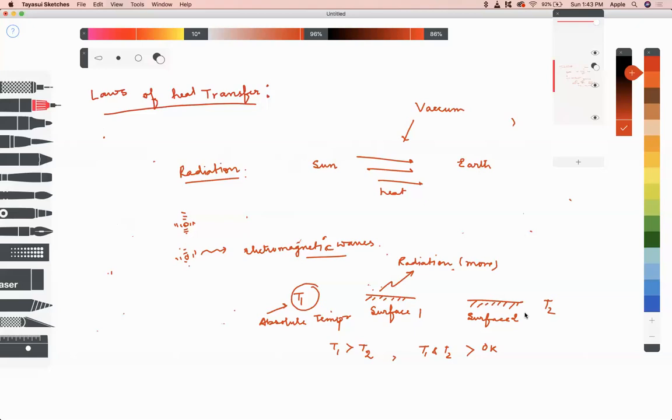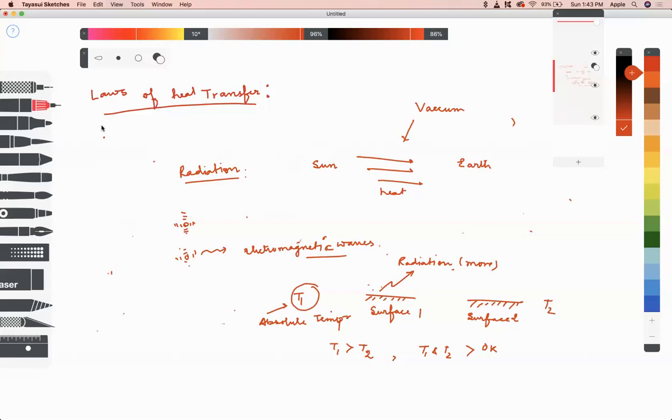But in case of radiation, it solely depends upon how much radiation is coming out of a body, solely upon the absolute temperature of the body. It does not matter what the surrounding temperature is. Just like the sun's temperature is constant, irrespective of whether the atmosphere on the earth changes or not. All right. So the sun will send the same amount of heat every day.